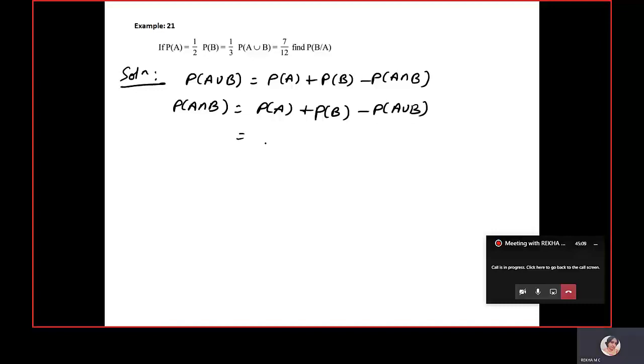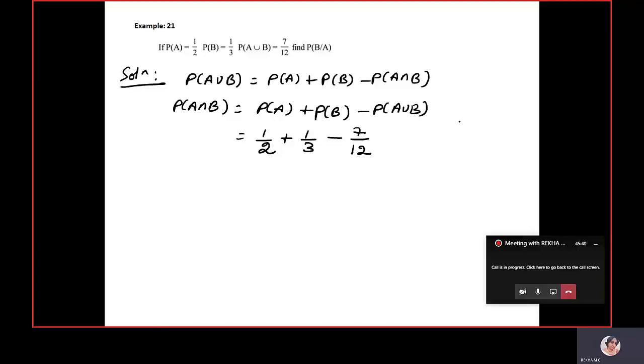So P of A is given, that is 1 by 2, and P of B is given, that is 1 by 3. And P of A union B is also given, that is 7 by 12.